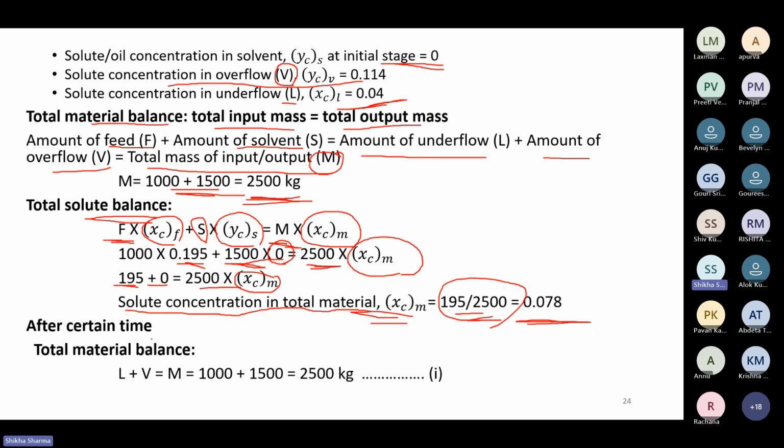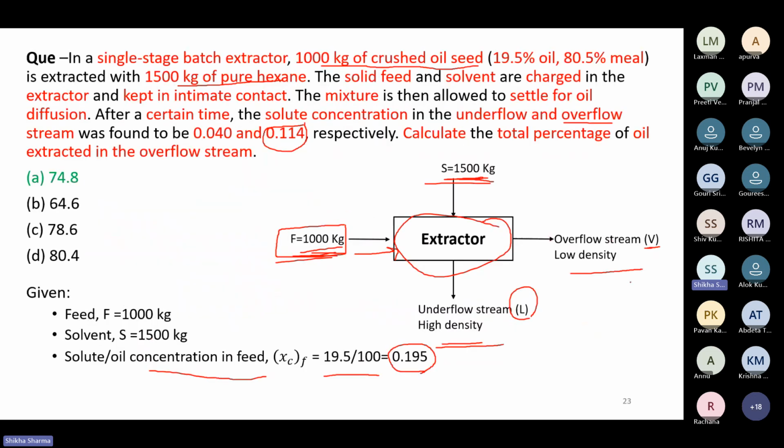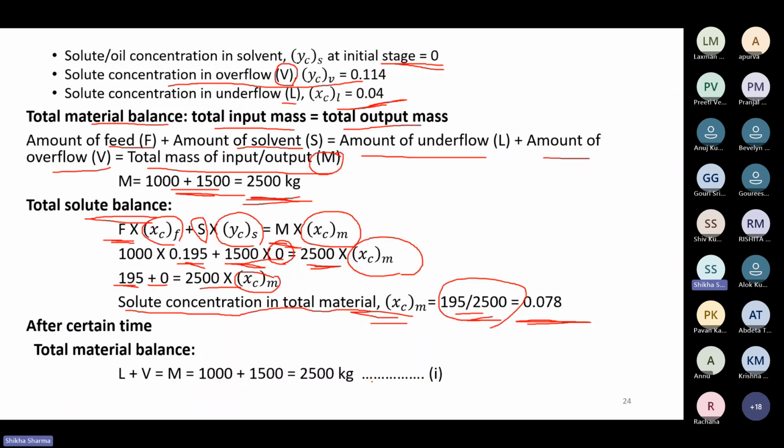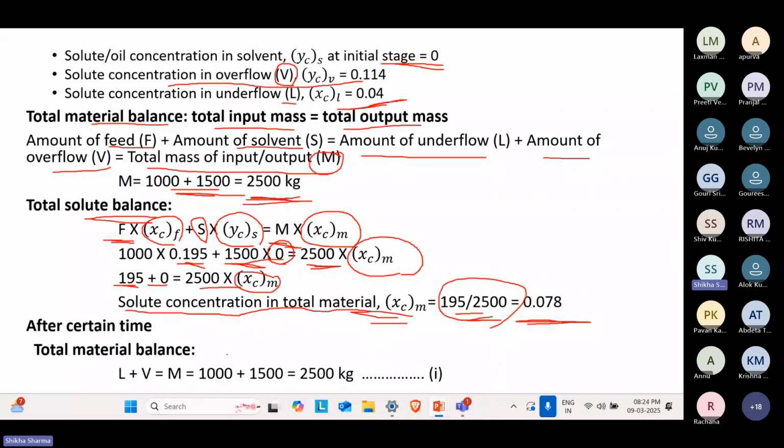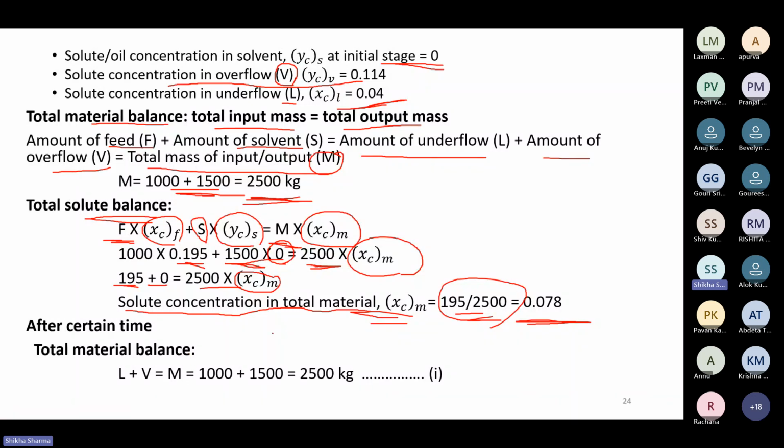After some time, when we extract the overflow and underflow streams, we apply the material balance. As per the material balance, the output, L plus V, the underflow and overflow amounts, equals M. We already calculated M, which is 2500 kg.